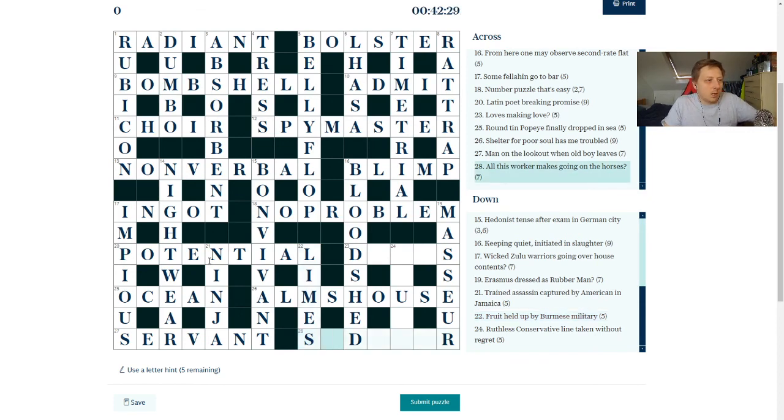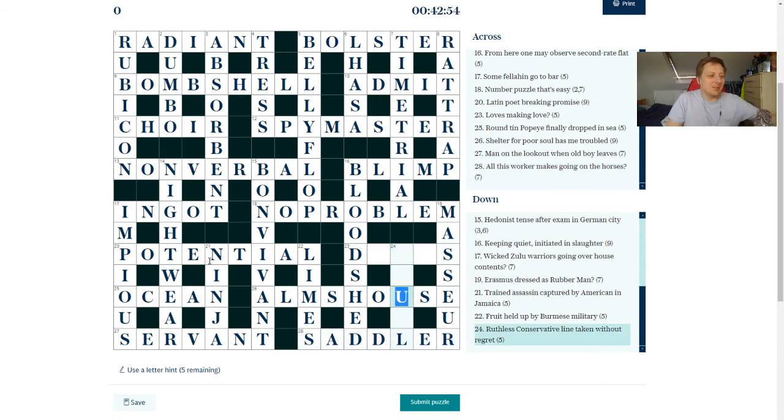All this worker makes going on the horses. Sidecar, maybe? 2.5 minutes. This is going to be tight. I was after a nice, gentle solve, and I took it too gently. A saddler, because everything they make literally goes on the horses.